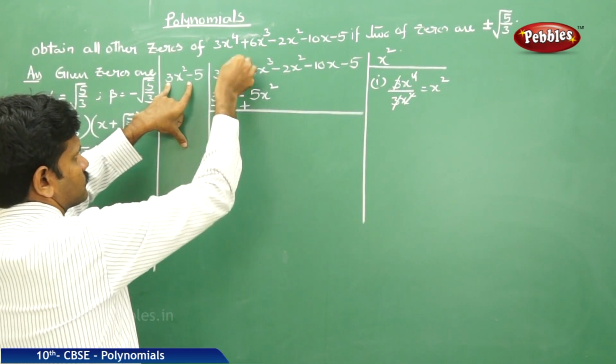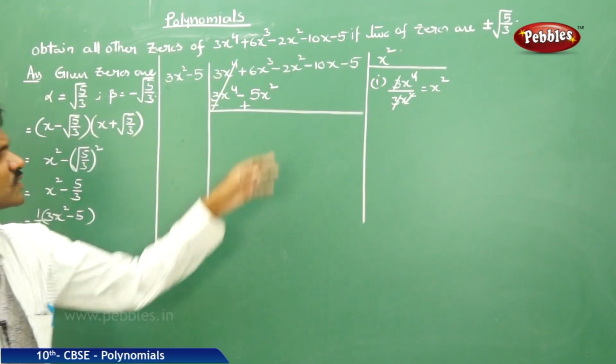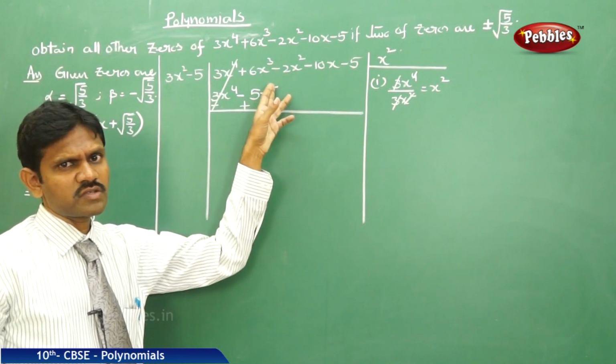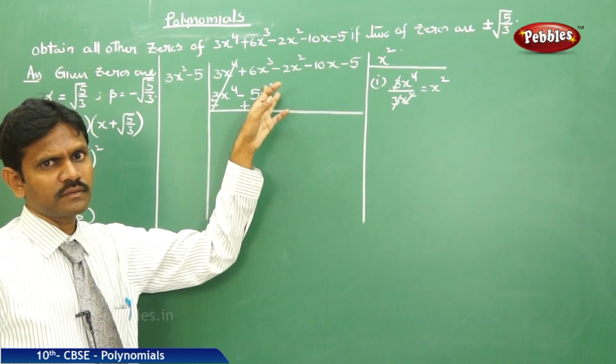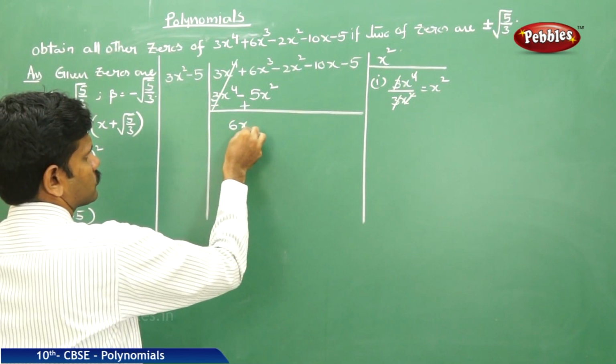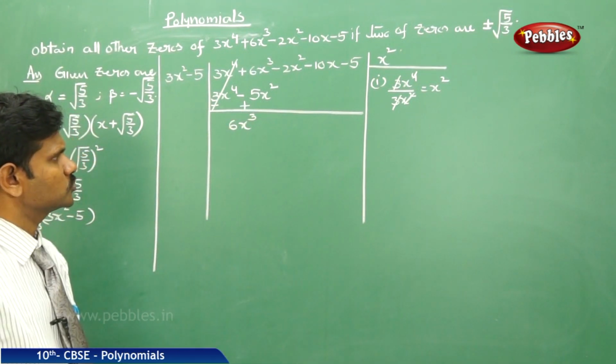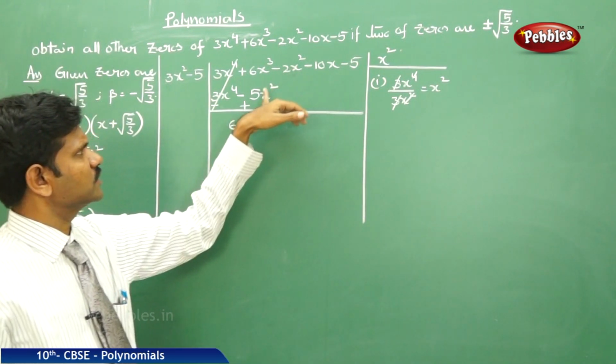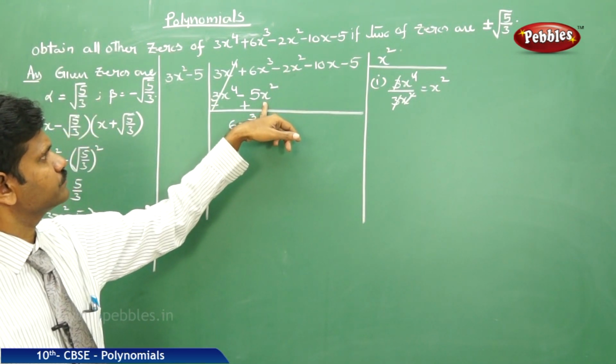Minus plus cancel. This is a cube term, this is a square term. We are unable to simplify, that's why I write them in order. 3x cube. Now see, it is a square term, it is a square term.